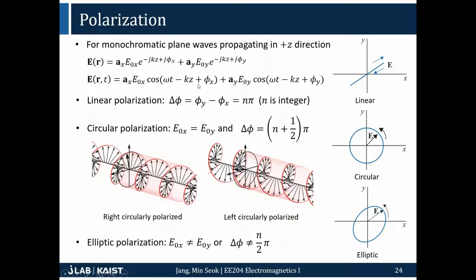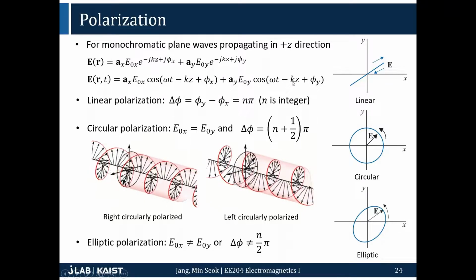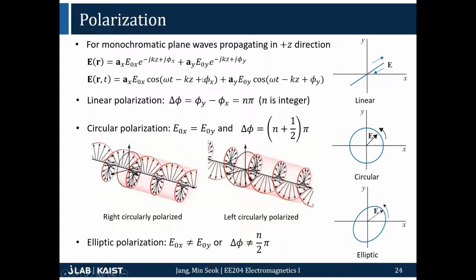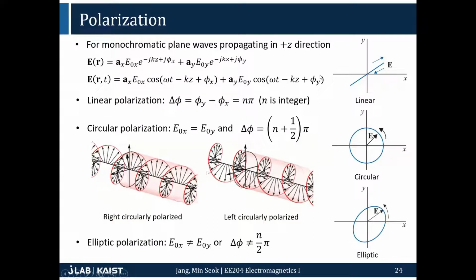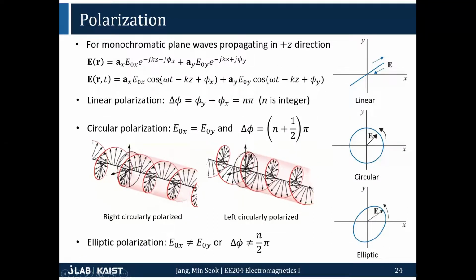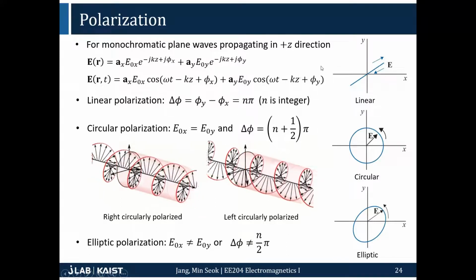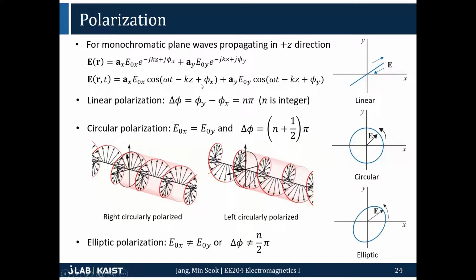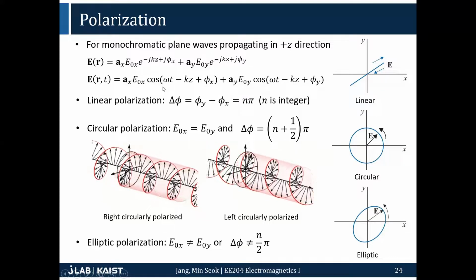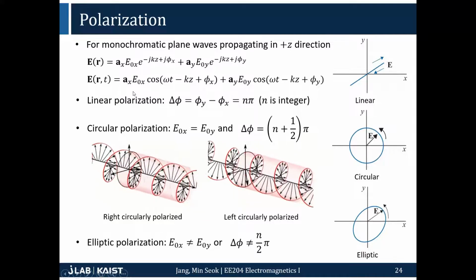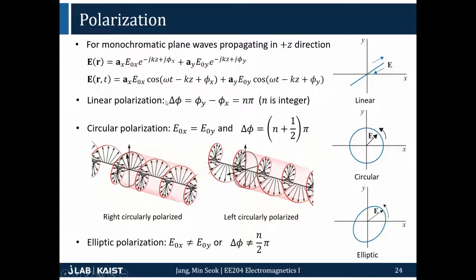Right? Now, depending on the relation between phi x and phi y, the electric field direction has a very different behavior. So the first one is the case of linear polarization.